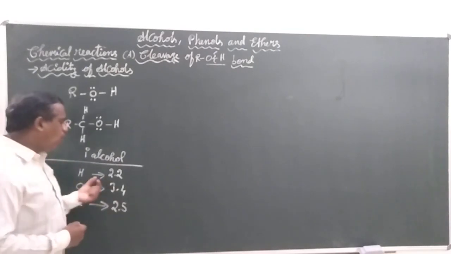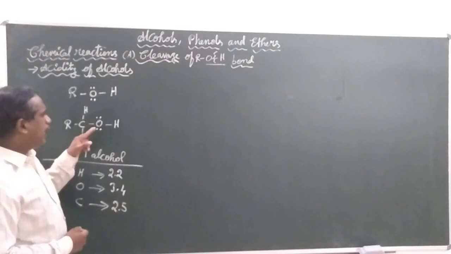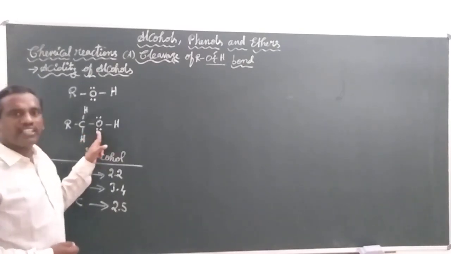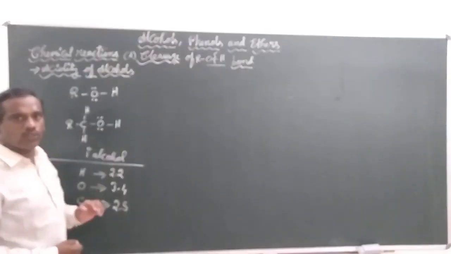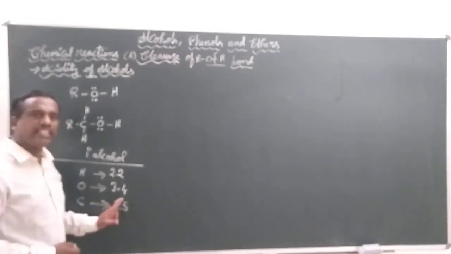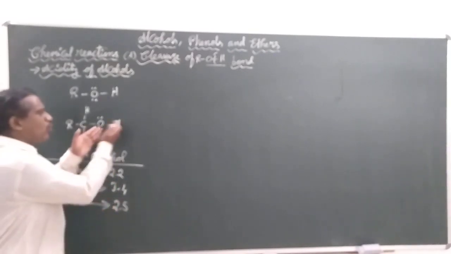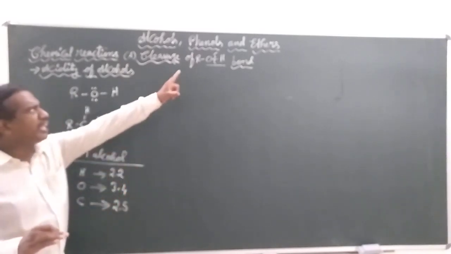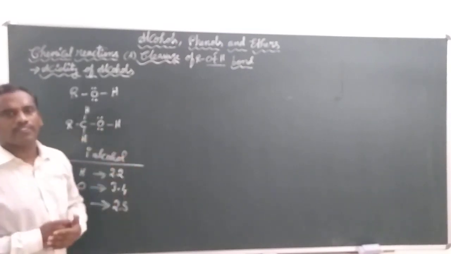Oxygen, being the highly electronegative element at 3.4, is going to withdraw the electrons from hydrogen, the least electronegative of these three atoms, and also from carbon, which is 2.5, much less than the 3.4 of oxygen. So oxygen readily withdraws the hydrogen's electrons, as we had already discussed. So there is a cleavage of the oxygen-hydrogen bond.